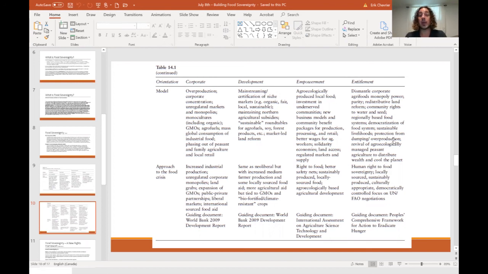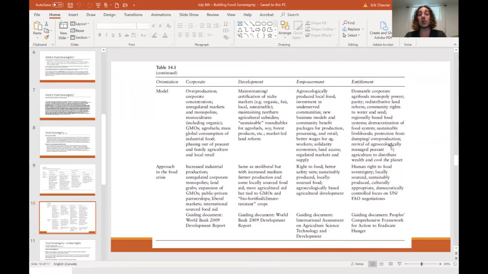And the other approach is rooted in the food sovereignty aspect. The idea here is that we need to dismantle corporate power. We need to dismantle these food monopolies that are taking place. We need to have more redistributive land reform, more community rights to water, to seeds, to other things to reproduce ourselves.